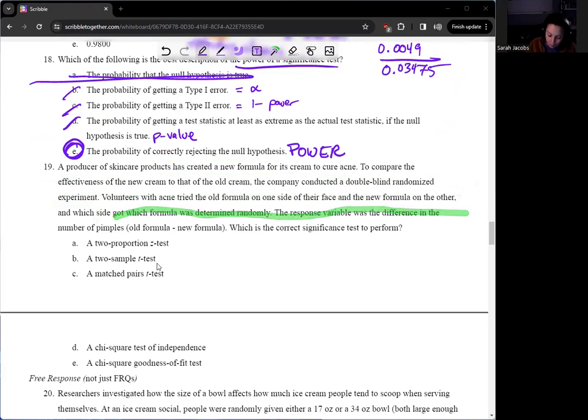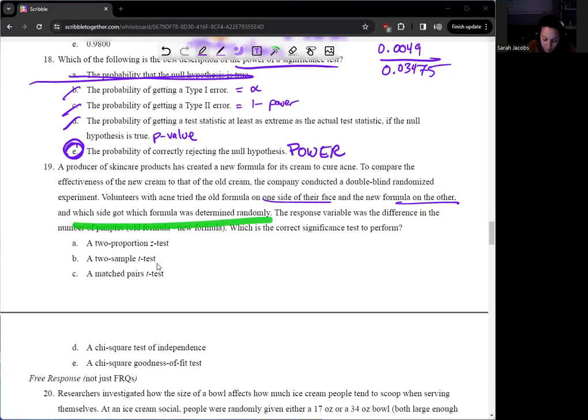So take note, one side of their face, other side of their face. So these are very, very tiny blocks, also known as matched pairs. When it's really small blocks so that each person is doing one thing on one side, the other on the other, you're testing someone against themselves, that's a matched pairs.